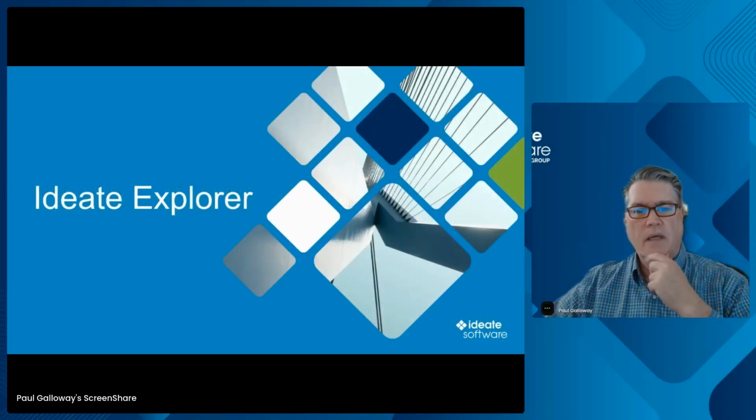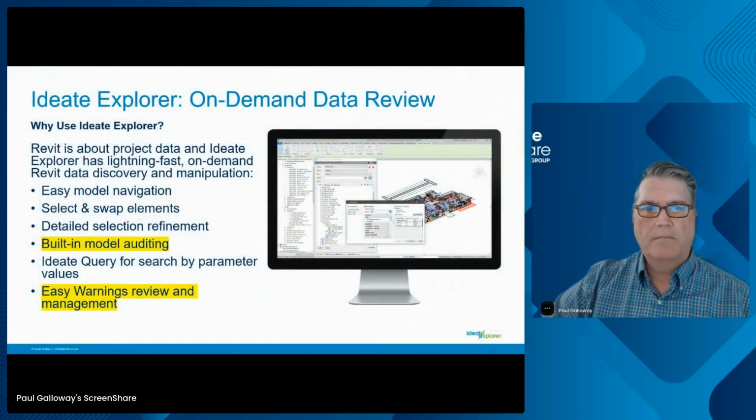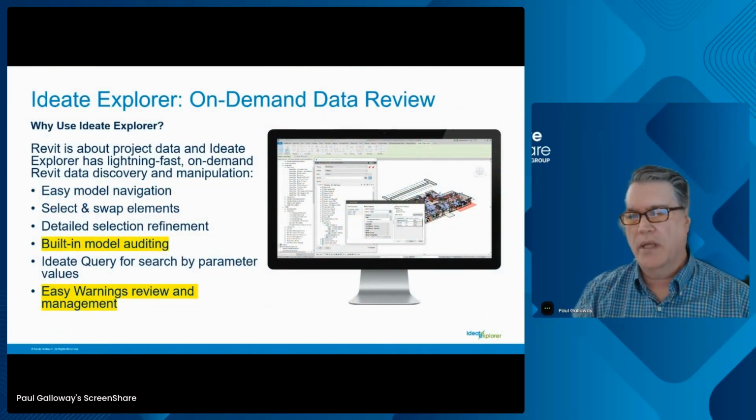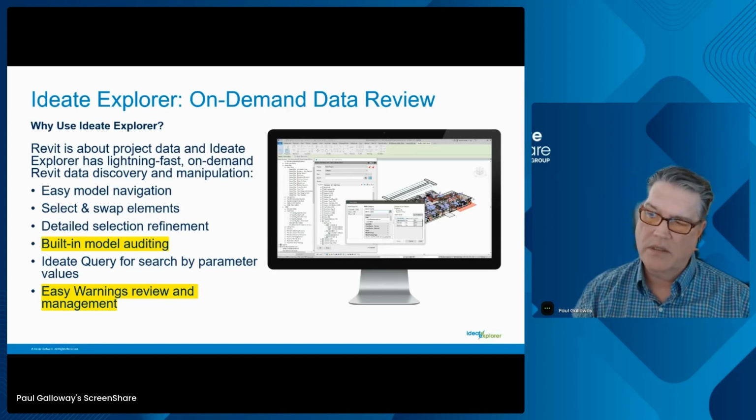Okay, so first up is Ideate Explorer. Ideate Explorer gives us a much more comprehensive way to look through a project and see what all goes into the model and the families involved. There's a whole lot of information there. Project Browser is more about views and sheets.